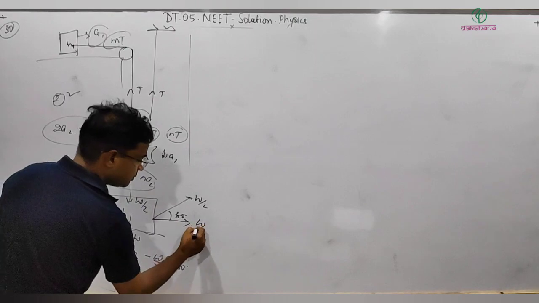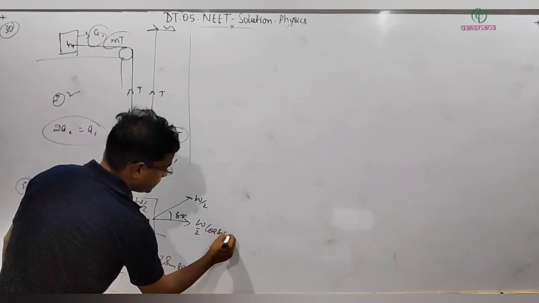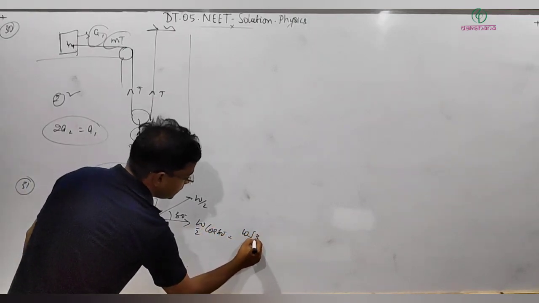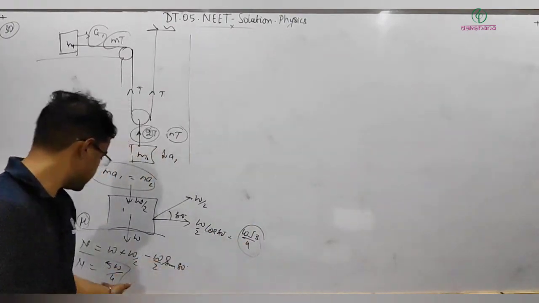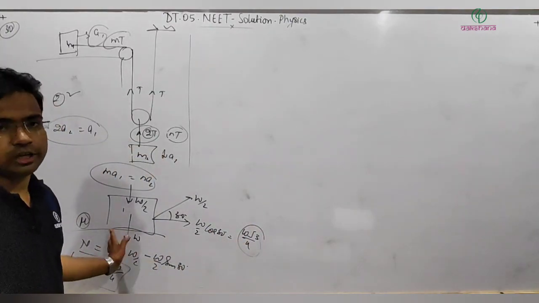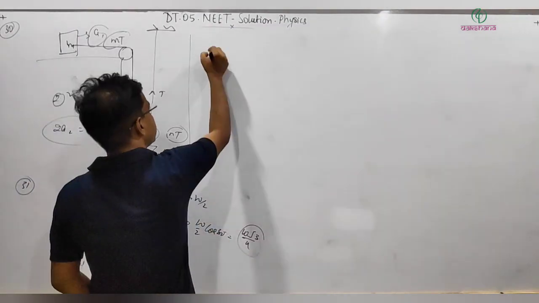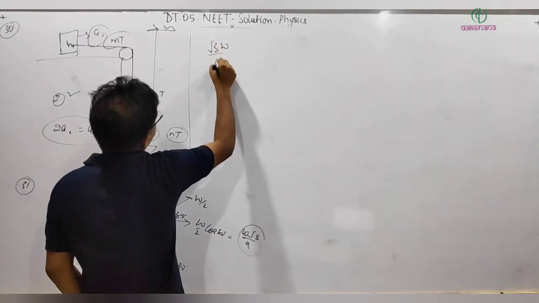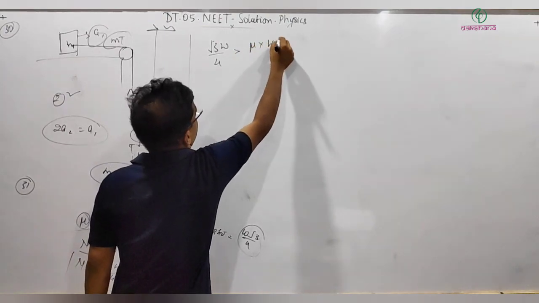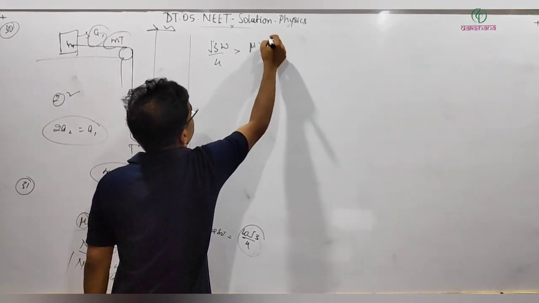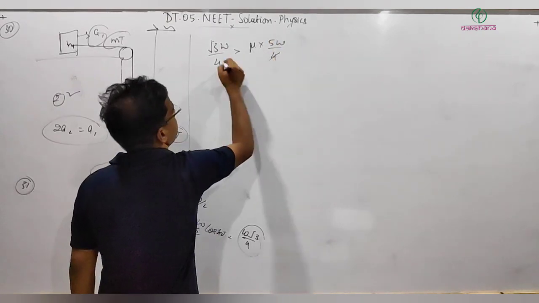This force is equal to W by 2 into cos of 30 degree, that is equal to W root 3 by 4. So this is the pulling force. If this is greater than the friction force, then only it will be able to move. So I can write root 3 W by 4 must be greater than mu into the normal force. Normal force is 5W by 4.